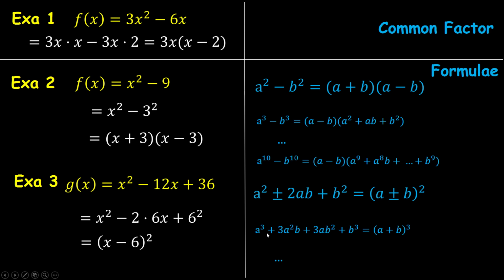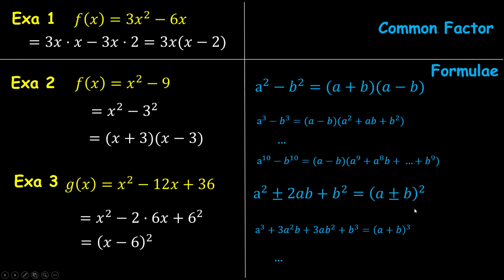Basically, the power of a goes down like before, the power of b goes up, and then the coefficients satisfy the so-called Pascal-Yang triangle. I might want to provide a different video sometime on those two formulas. So those are the two formulas, a squared minus b squared and the complete square formula.